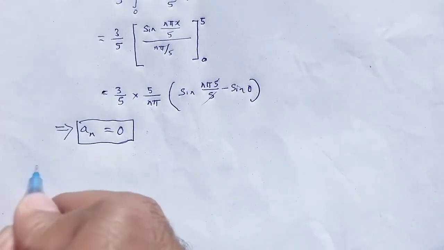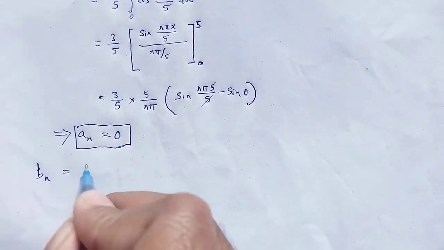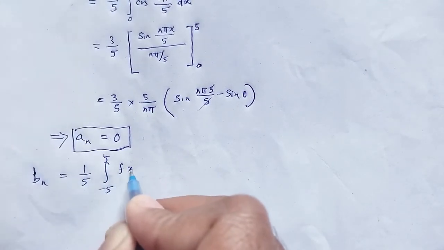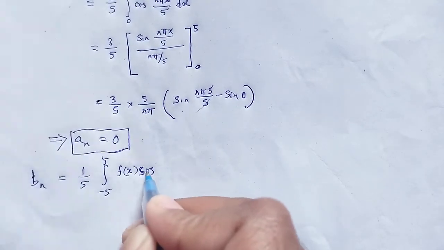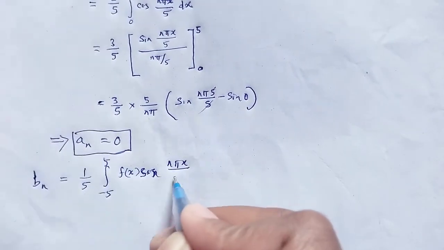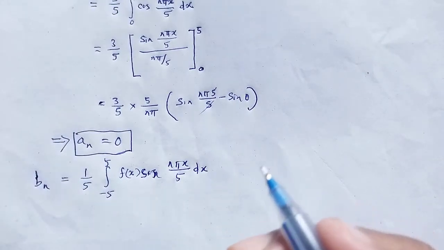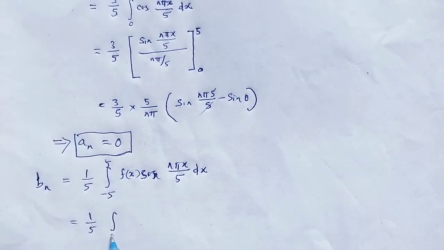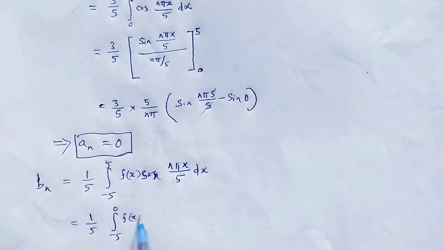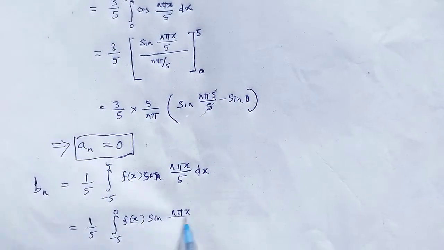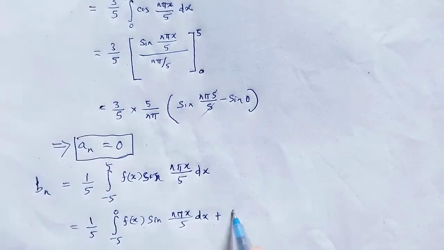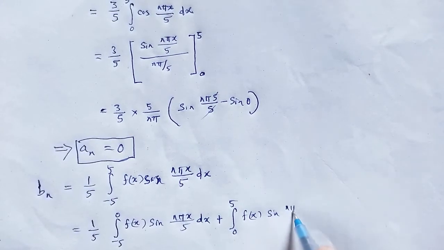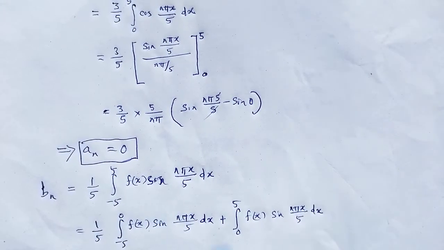Again, another coefficient, that is bn. Bn is equal to 1 by 5 integration from minus 5 to 5 f of x sin n pi x by 5 dx, that is 1 by 5, we change the limit, minus 5 to 0 f of x sin n pi x by 5 dx plus 0 to 5 f of x sin n pi x by 5 dx.